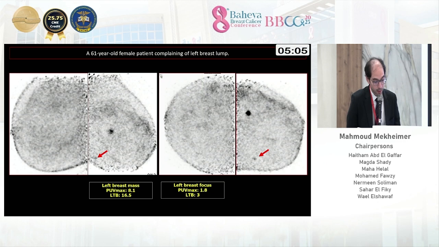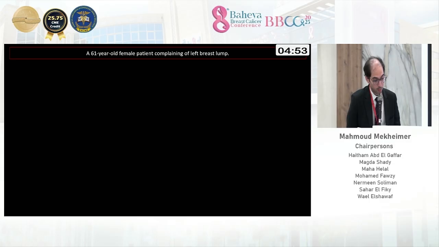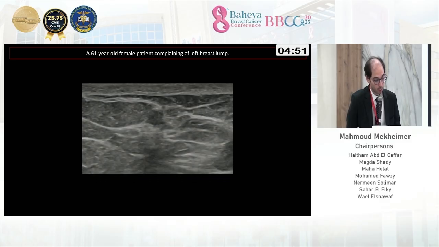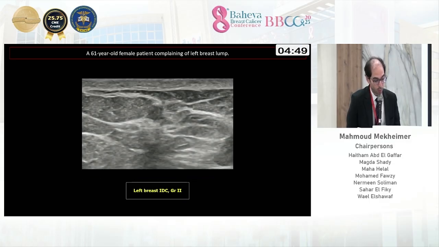Also, it detected in the left breast lower inner quadrant FDG avid focus with BOV max 1.8 and LTB 3. Second look ultrasound for this FDG avid focus was done and revealed small irregular lesion. Biopsy revealed left breast invasive duct carcinoma grade 2.